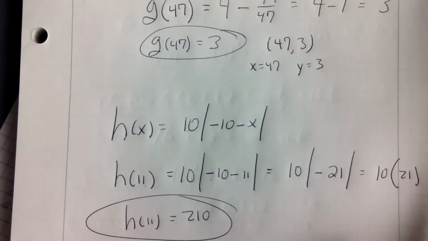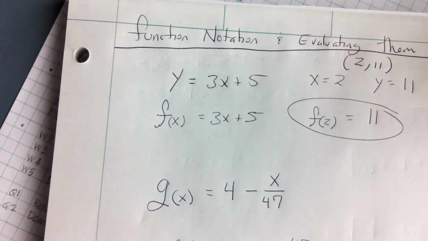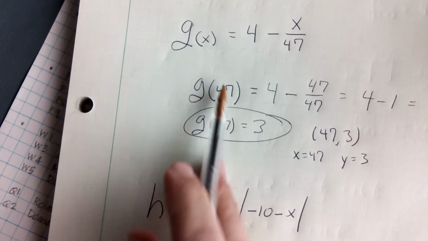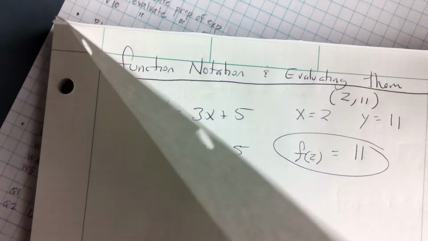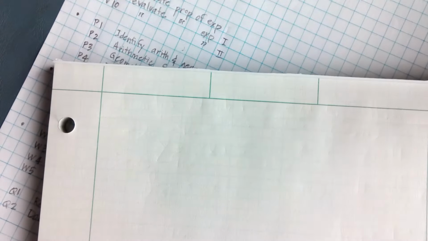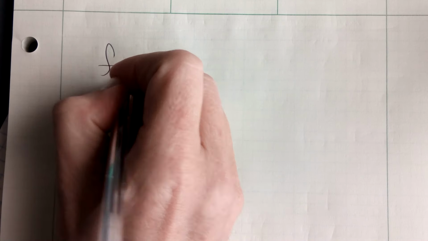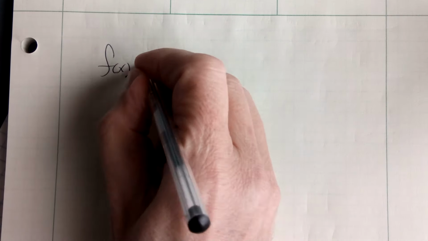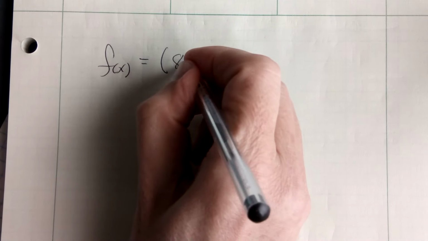Now, I believe in your homework, you're not going to see an h function or a g function. You could see a k or an l function, but I believe they do them all as f's. So in your homework, you might see f of x, with the cursive f, and your functions are going to be a little bit harder than just linear.